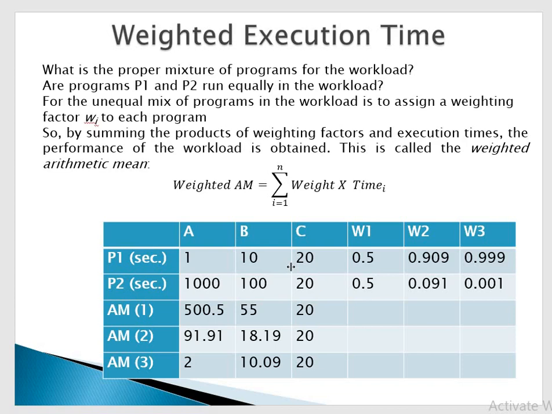But if we go with weighing factor 3, in this particular case, computer A will take only 2 seconds to execute it. The arithmetic mean is only 2, the arithmetic mean for computer B is 10.09, and for computer C it is 20. So in this third arithmetic mean, computer A is the fastest one and computer C is the slowest one.